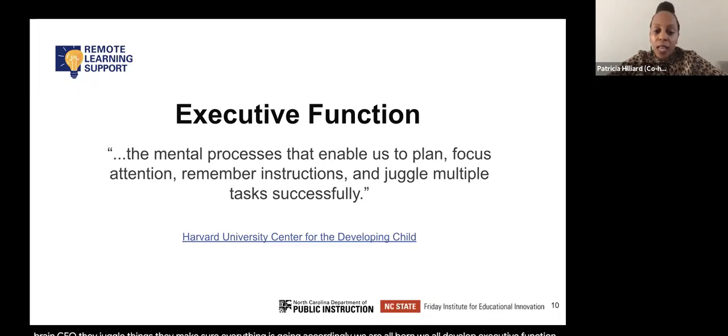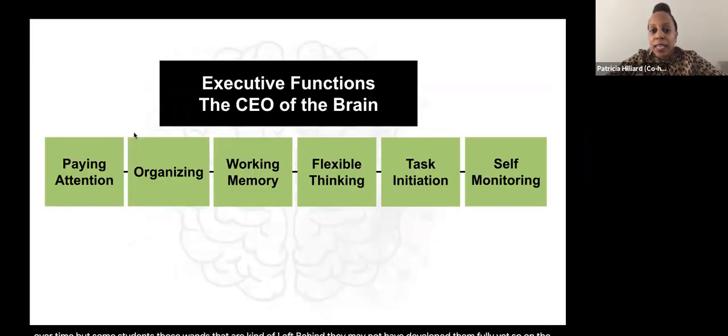On the next slide, you will see that there are about 7 or 8 different executive functions, depending upon which website you go to. And like I said, executive functions are the brain's CEO. Before a student can do a learning menu or a PBL, she or he may need some support with getting organized.